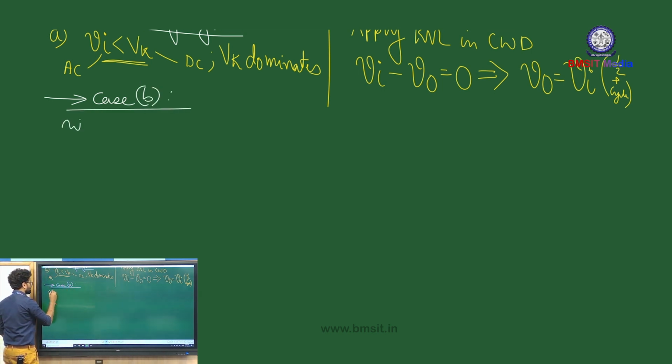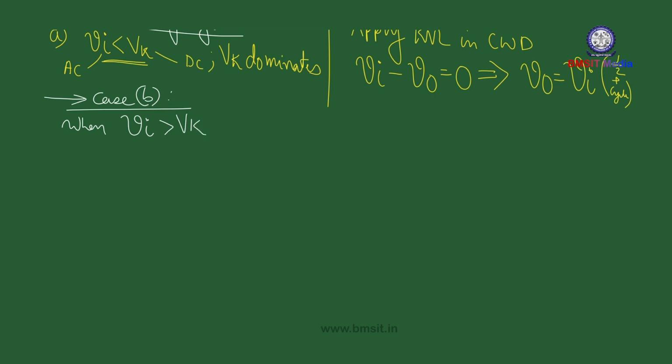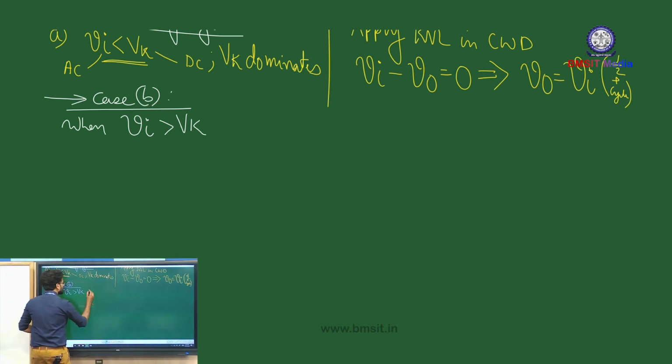So when the input Vi starts to dominate Vk, that means to say, what if the potential of Vi is greater than Vk? So when Vi is greater than Vk, obviously Vi dominates.